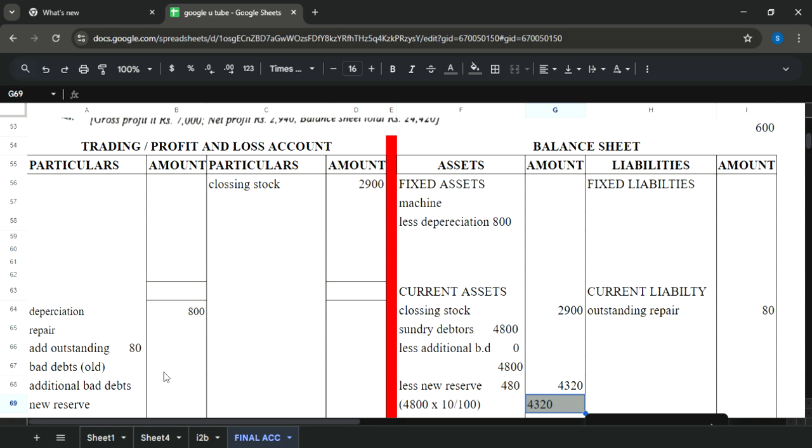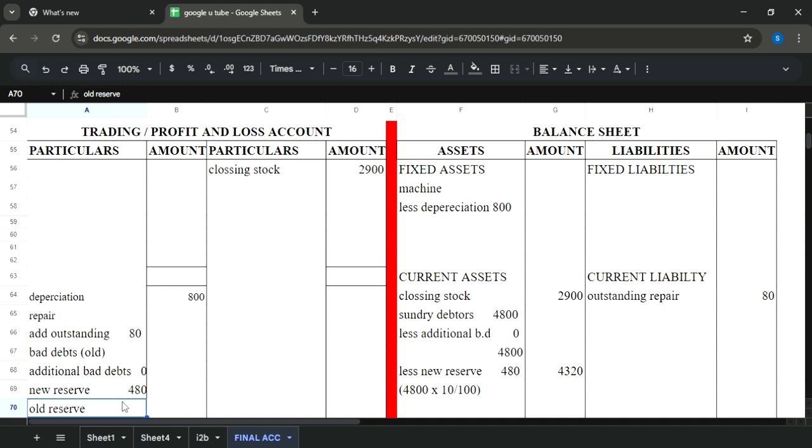In this way we have calculated two amounts. Additional bad debts, since not given in the question, we will write 0 over here. New reserve, which we have just calculated, 480. You will put 480 over here.